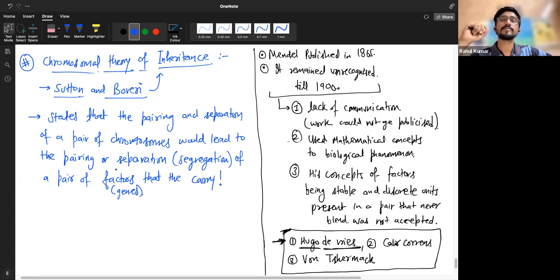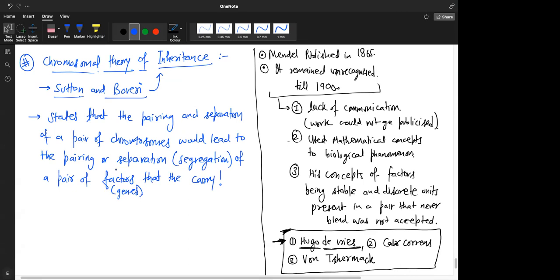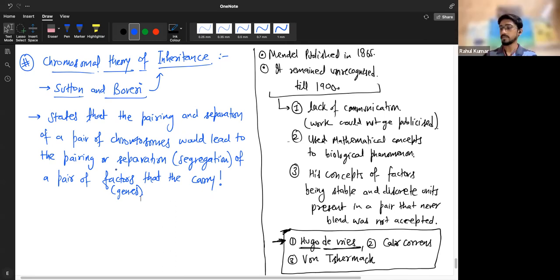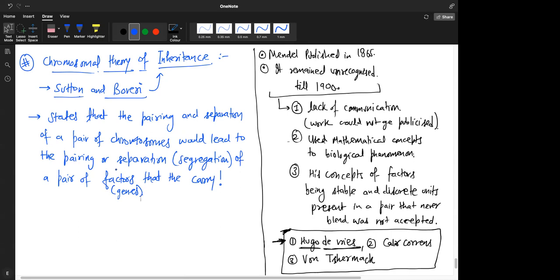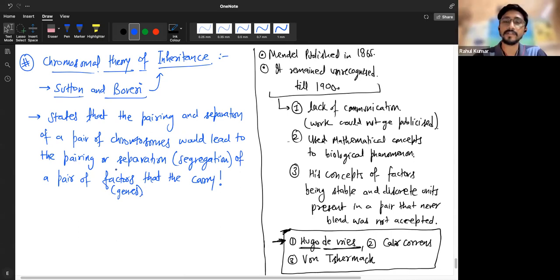23 chromosomes are present in gametes, sperms and ovum. So one copy, which is 23 chromosomes, is present in the sperm and the other in the ovum.